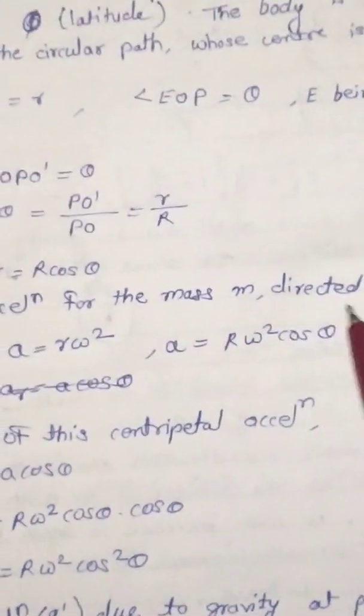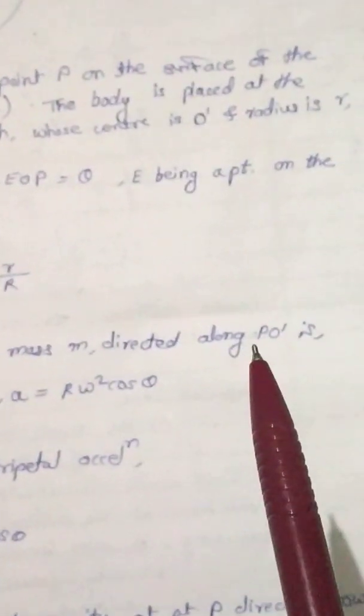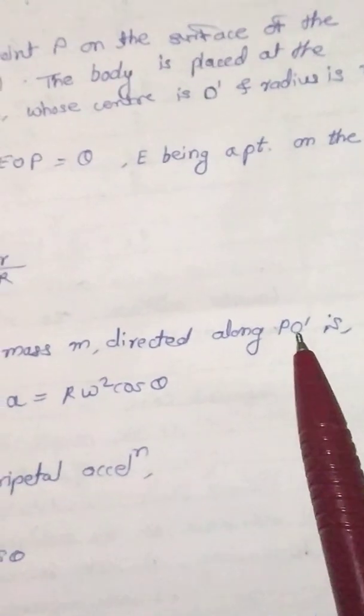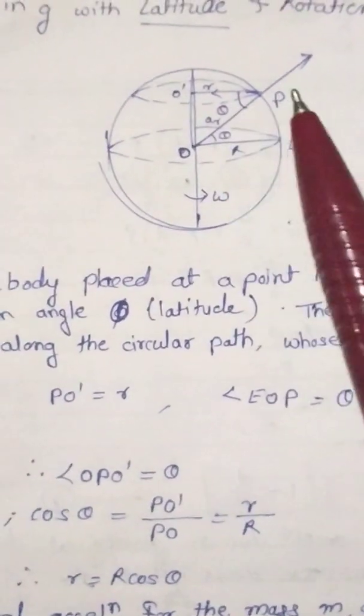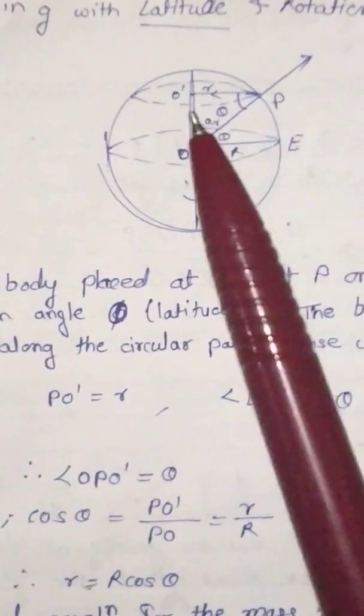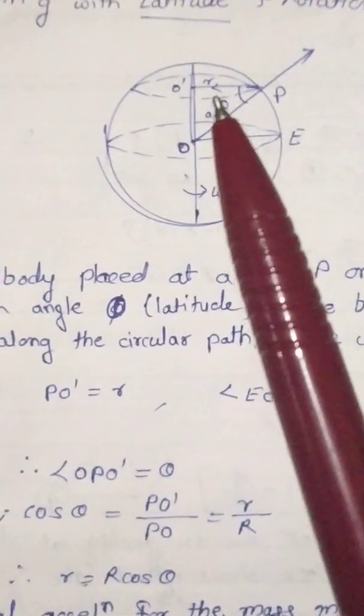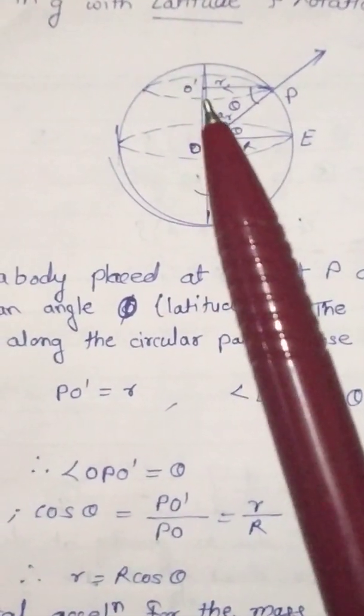And the centripetal acceleration of the mass m is directed along PO dash, toward the center.